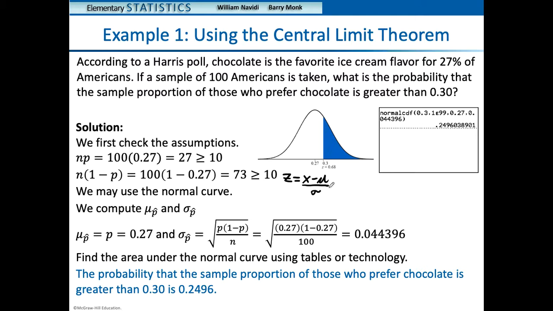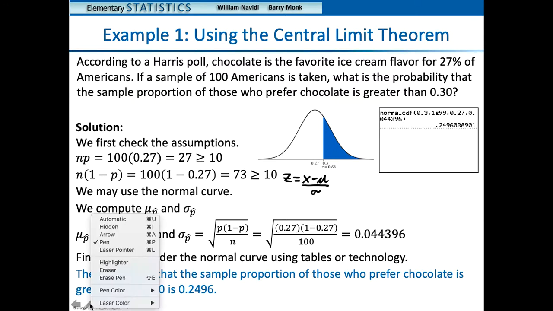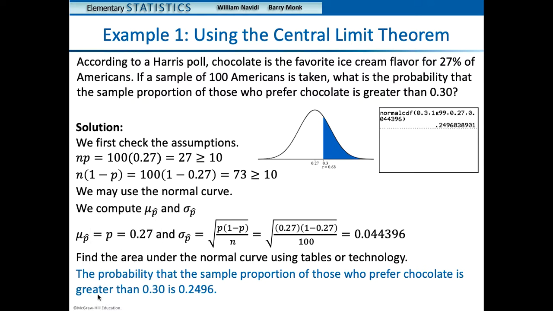Now, the basic format of this is you take the random variable, you subtract the mean, divide by the standard deviation. But in this case, the random variable is actually the sample proportion, and the mean is actually the population proportion, and the standard deviation is governed by this formula. So I'd like to go ahead and use a modified version of this formula and write it like this.